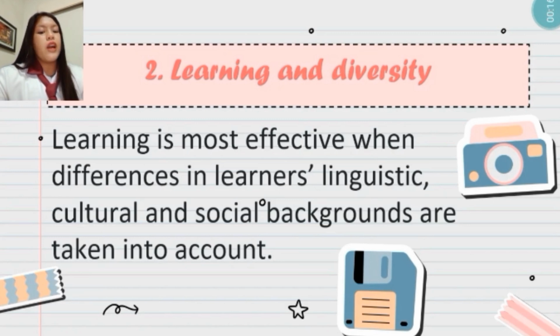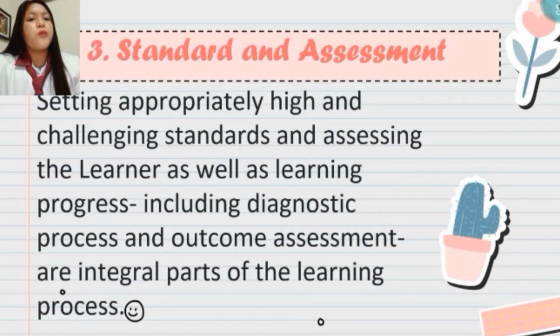Basically, language can be a barrier in learning when learners cannot express themselves well, or if they cannot relate to what they have, or if it's not related to their social context.